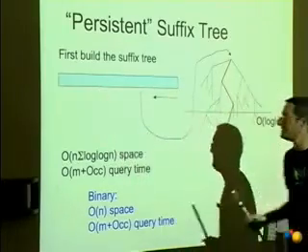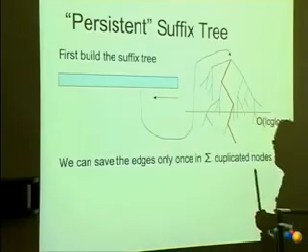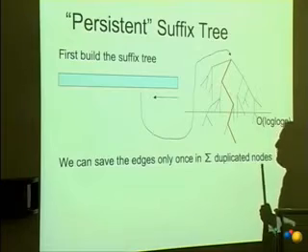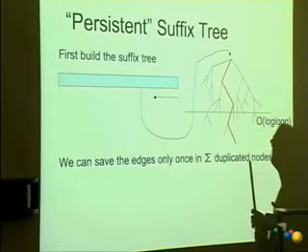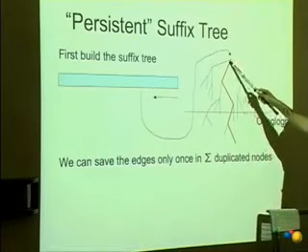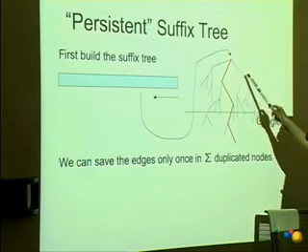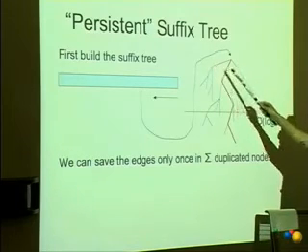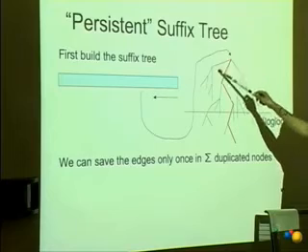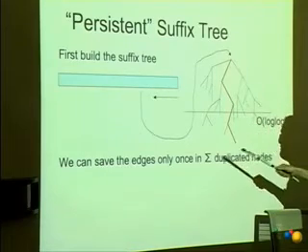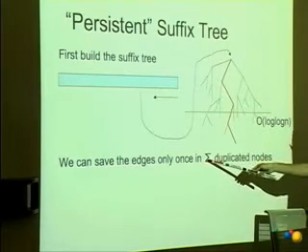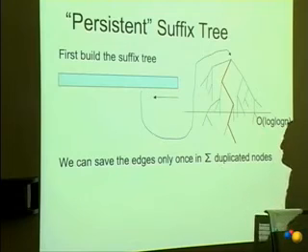Then we won't save the pointer outside of this path. We will save it only once in sigma letters. That will give us the O(n) space.